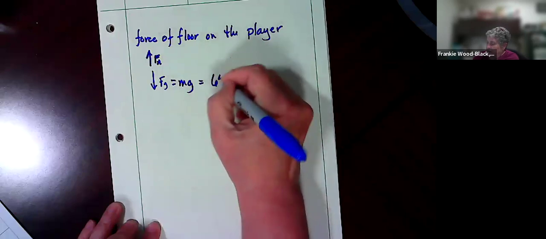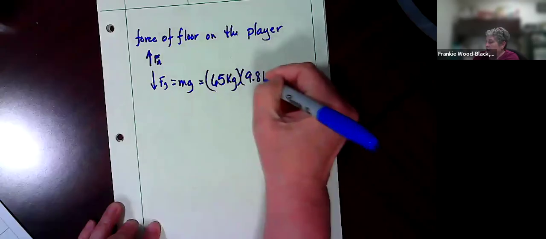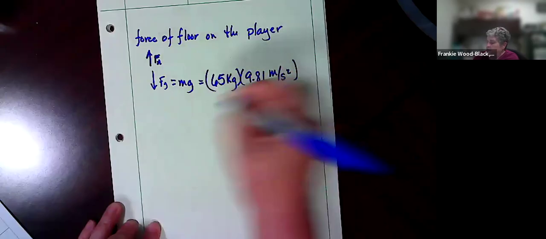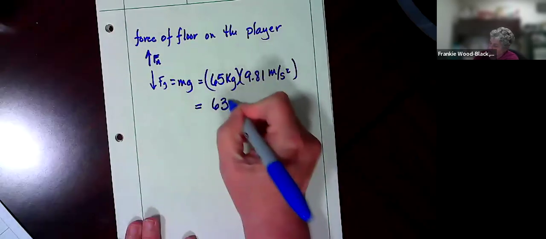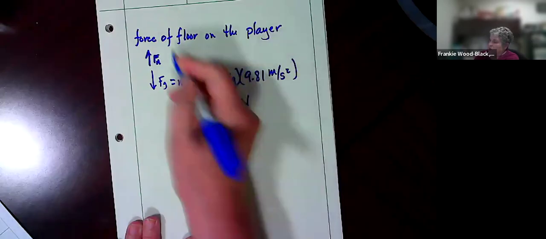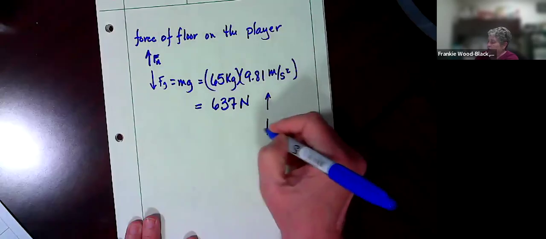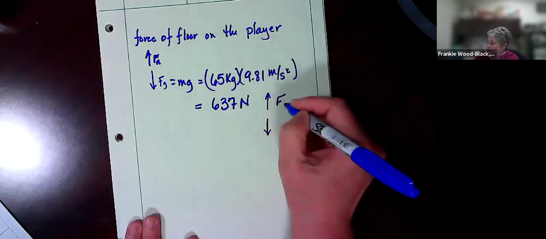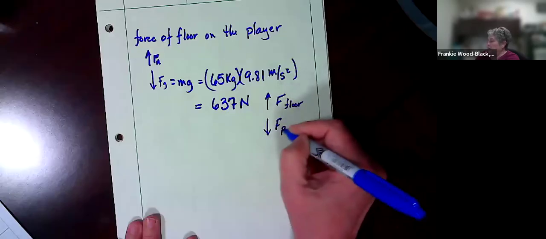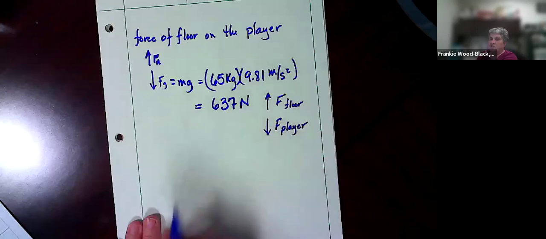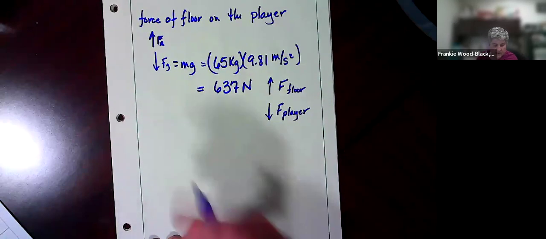We know that our player is 65 kilograms, times 9.81 meters per second squared, and that's going to give me 637 newtons. If we do the force of the floor, that's going to be up. If we do the force of the player, that's going to be down. Now that's just if they're standing there.